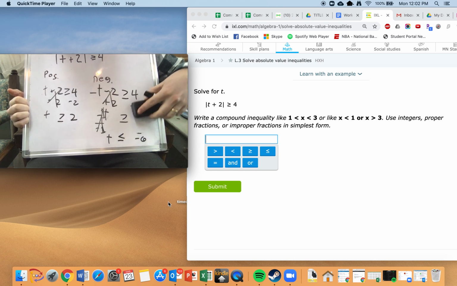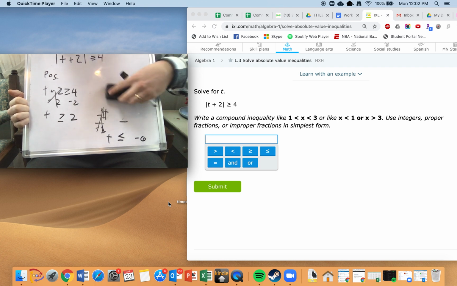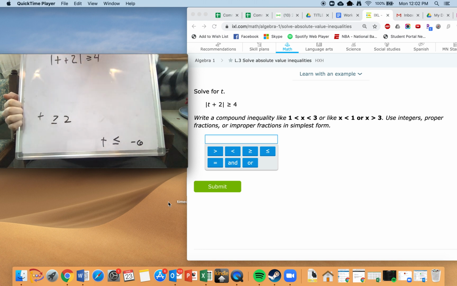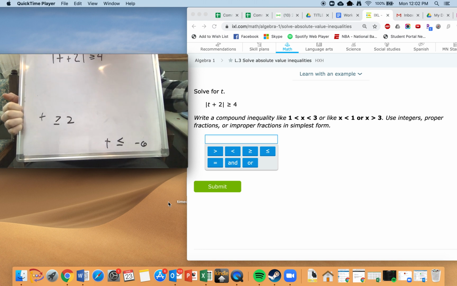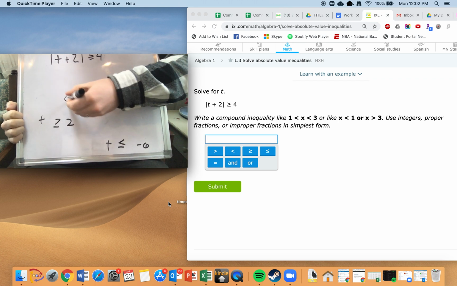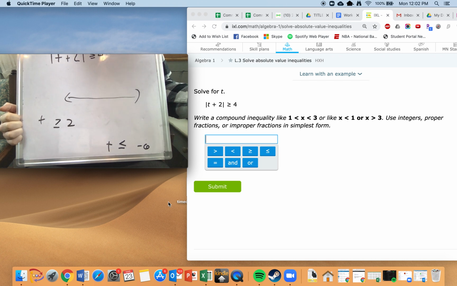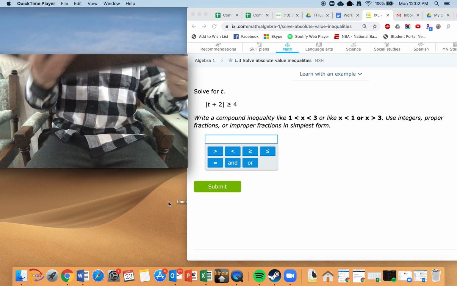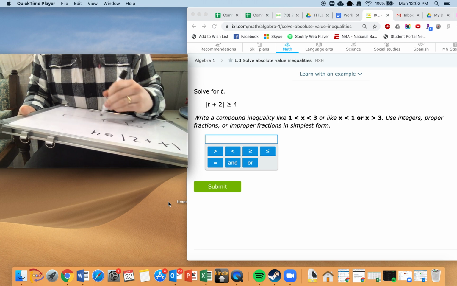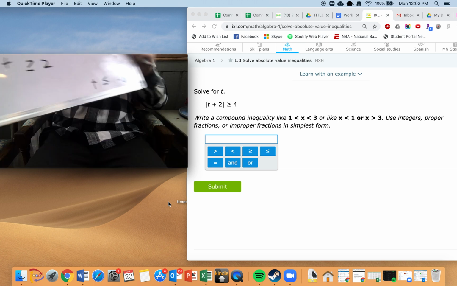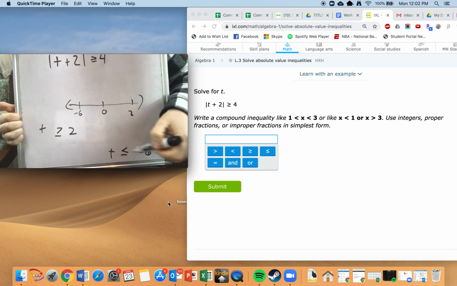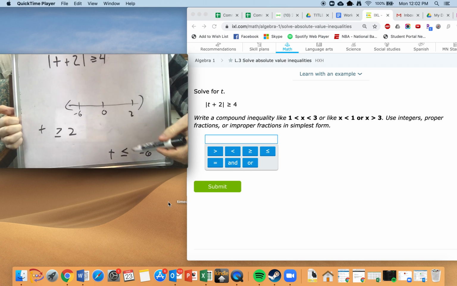So I'm going to erase this top part and leave this bottom part here so I can show you the next step. Here I have my two answers. What I like to do for this is make a quick number line. If here I have negative 6, 0, and 2, always make sure you have your number line looking okay.